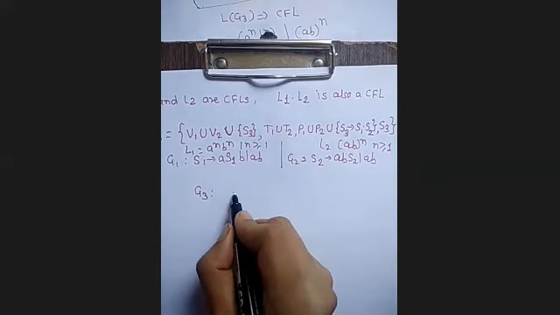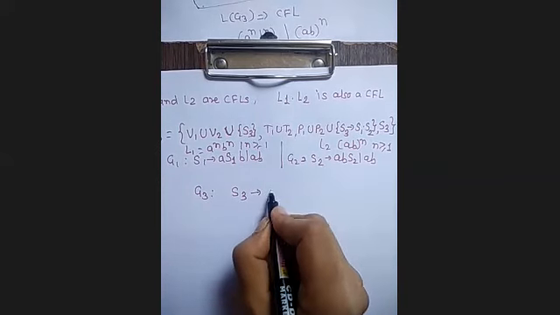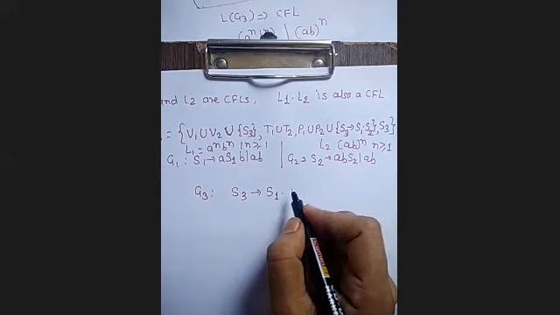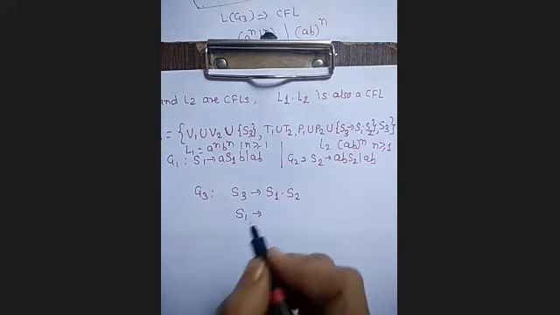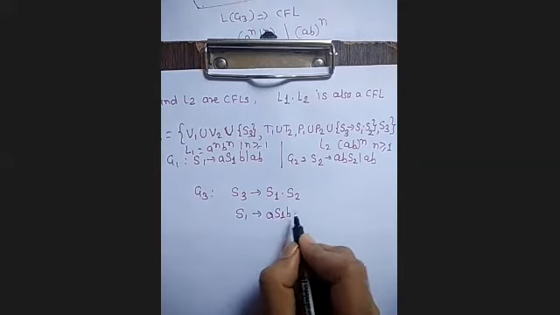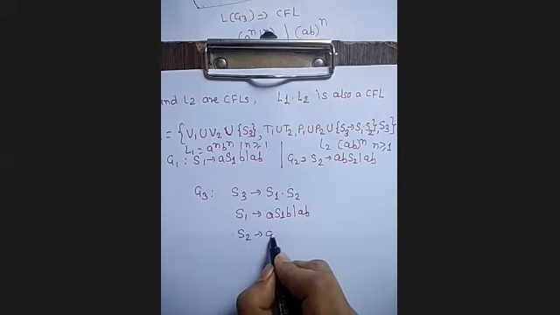So we have added the new production. S3 derives S1 dot S2. Remaining things are same. S1 derives what? As it is, A S1 B or AB, and S2 derives what? AB S2 or AB.